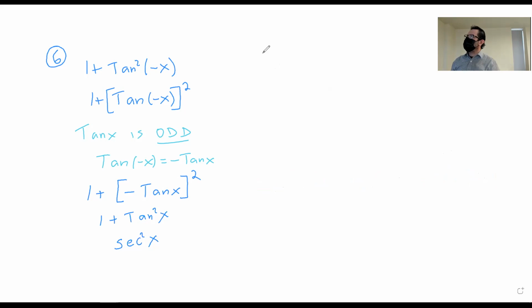Okay, now let's look at number 8. Number 8 says cosine squared of x plus 1 divided by cosecant squared of x.